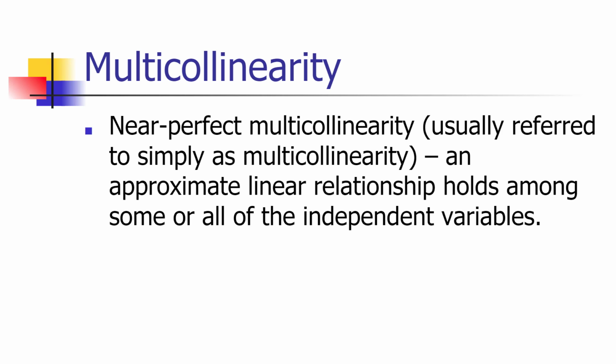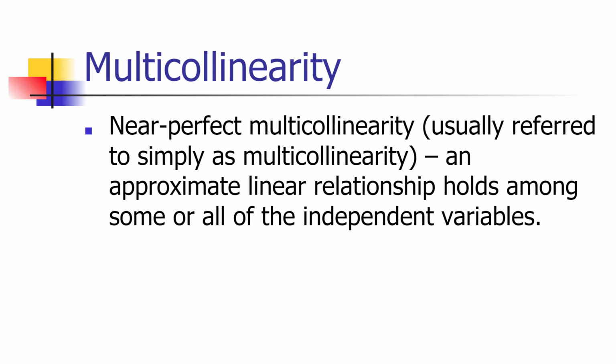When we talk about multicollinearity in practice, though, it's generally not perfect multicollinearity. What you're more likely to contend with in practice is the situation where you have near perfect multicollinearity, which is what we normally refer to when we use the term multicollinearity. And that occurs when there's an approximate linear relationship among some or all of the independent variables.